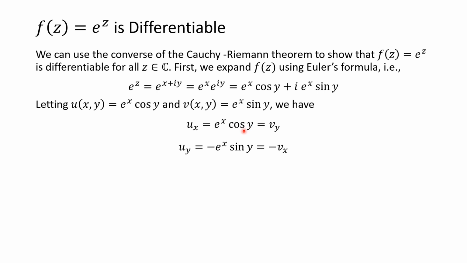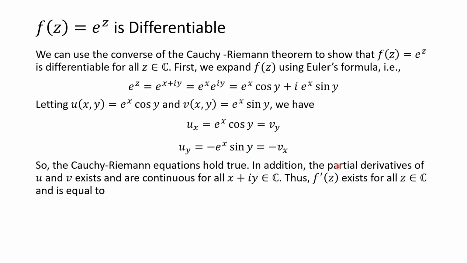We do the second of the two Cauchy Riemann equations. The partial of u with respect to y: e to the x is a constant now, and the derivative of cosine y is minus sine y. So we get this. Then we take the negative of the partial of v with respect to x, and we get the same thing again. So the equations hold true. These are continuous functions.